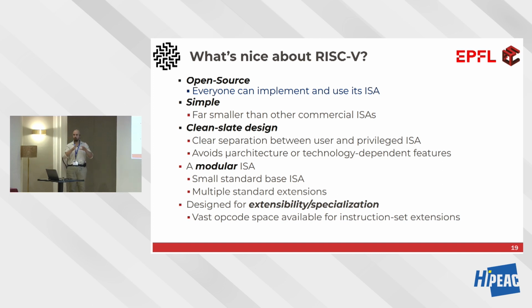And it's modular and well structured, meaning that the privilege spec and all those things that define what the CPU can do or is allowed to do are separated from the computational instructions, and the modularity allows you to not implement what you don't need and to add modules that you need. So if you are designing a CPU that is good for security, don't add those extensions that don't help you with your security applications, and vice versa. Okay?